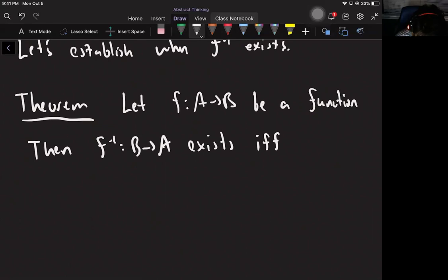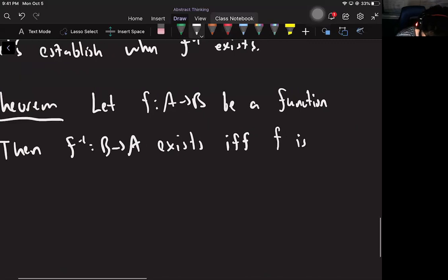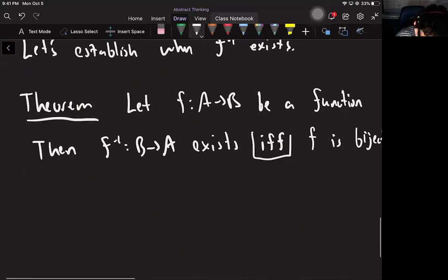So what we're going to do is do an if and only if proof. This is the only way that an inverse will exist. If something else happens, it's got to be equivalent to f being bijective. That's what you're establishing when you're establishing an if and only if.